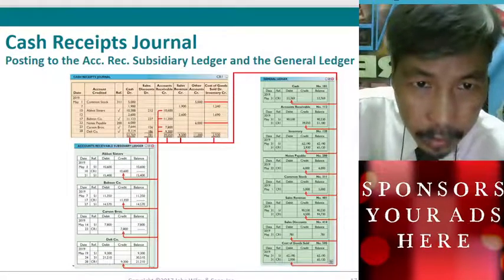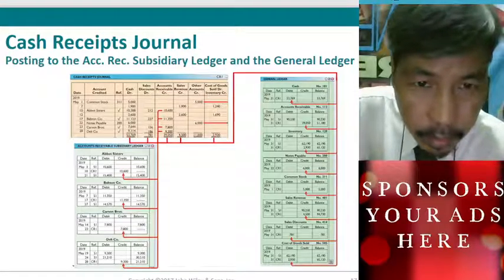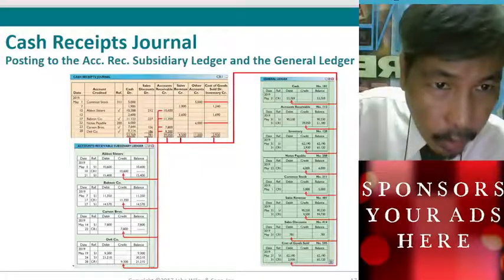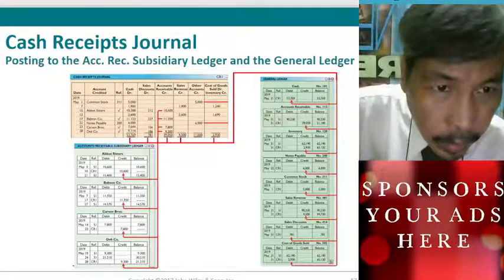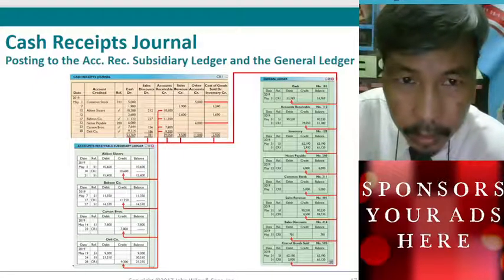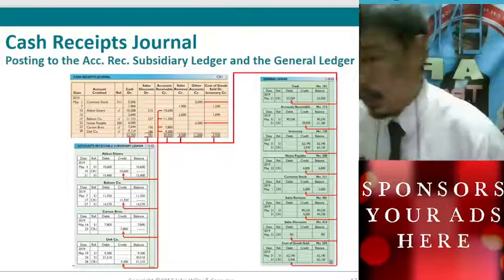That is accounts receivable. However, in the general ledger we have accounts receivable of 39,000. That is the total, including the 10,600 of Abbott Sisters.